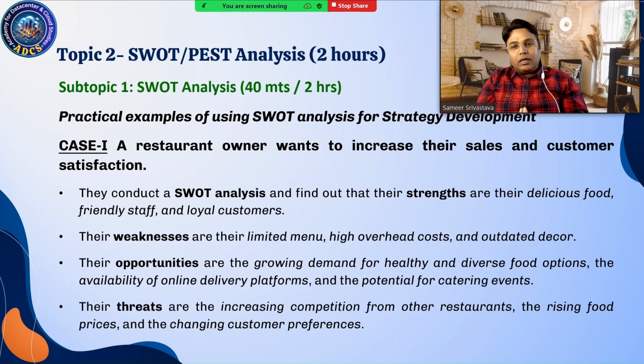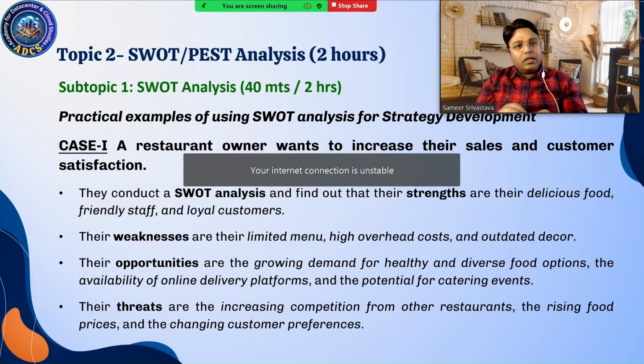So if you take a case like a restaurant owner who wants to increase sales and customer satisfaction, what should they do? They conduct a SWOT analysis and find out their strengths. The strengths are very delicious food, a friendly staff, and loyal customers, but their weaknesses are the limited menu, high overhead costs, and outdated decor.